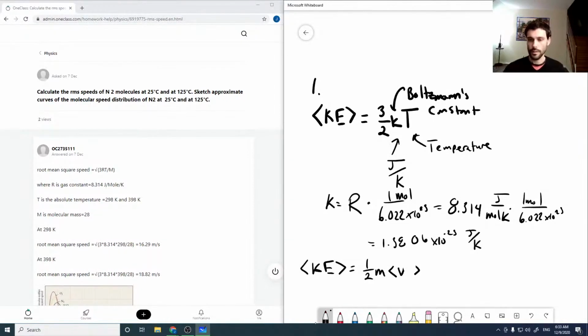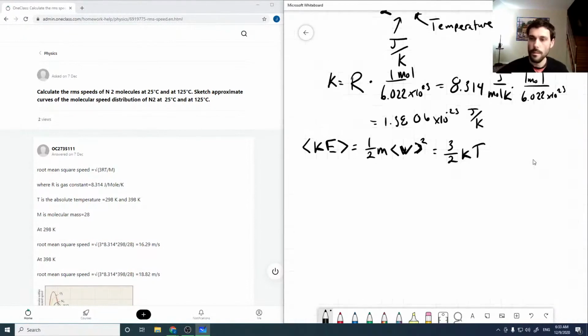So our average speed squared equals 3/2 kT. And so our average speed is then the square root of 3kT over m.